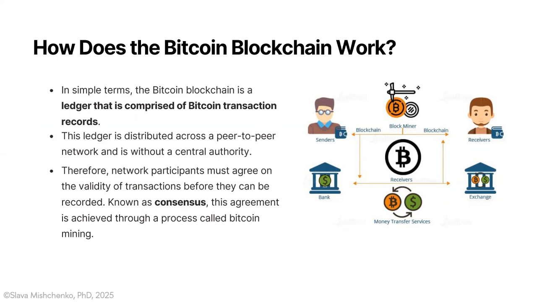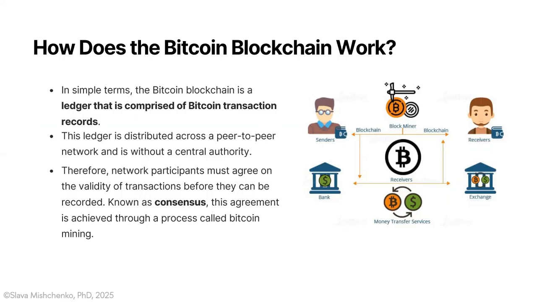And for example, the money transfer services shown on the bottom represent the practical application layer where Bitcoin meets traditional finance. And this is where, in my view, the real innovation of blockchain technology becomes apparent, because it creates a trustless system where transactions can be verified and recorded without requiring a central authority.